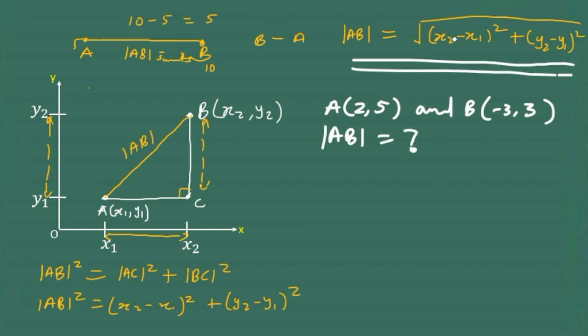Alright, now we've already established this formula, so we go ahead and substitute into that formula. First, before that, let's identify the points. This is going to be x1 and this is going to be y1. So minus 3 will give us x2 and positive 3 will give us y2.